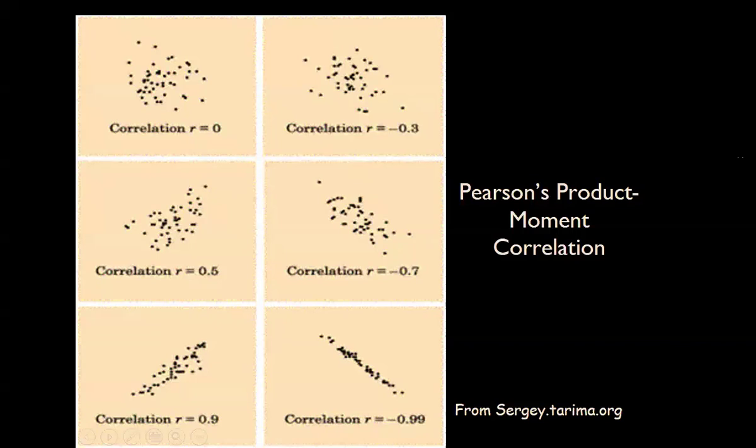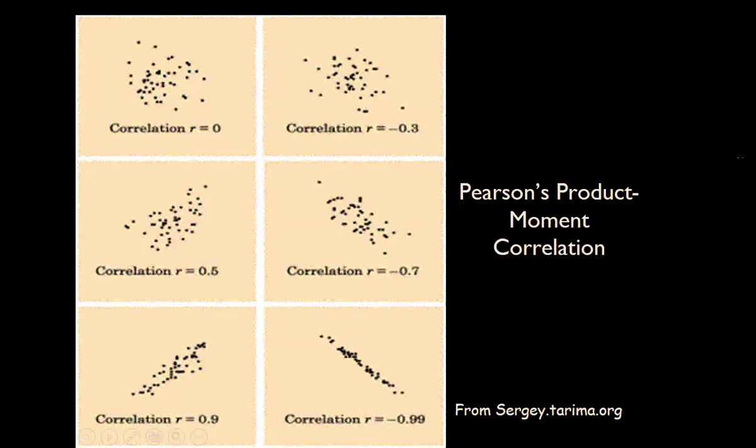So the idea is it measures the strength of a relationship. And so if you get a cloud of data like this that doesn't have much going on, your correlation is 0. This is a weak correlation. You start to see some direction in these sort of clouds of points, and the correlations become stronger. And then when the points all line themselves up on a straight line, then you get a real strong correlation.